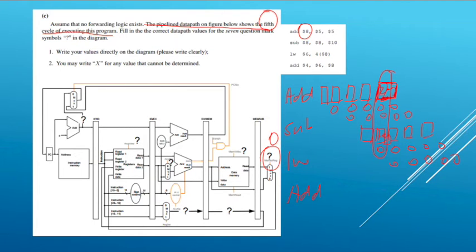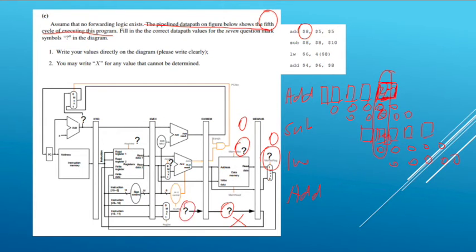And in the 4th stage, we notice that we have a bubble, so we do not care about the register value in that stage. So we will have an X over here. And for the mem write, because we do not want to write random values into memory, we will have value of 0. And in the 3rd stage, we have a bubble again.